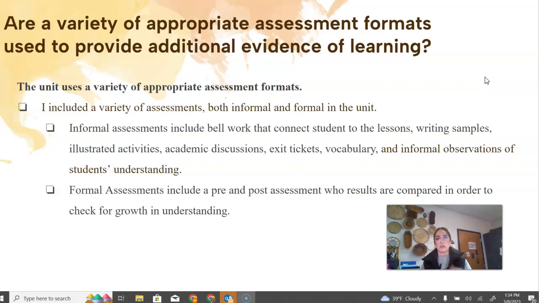But again, for every module we have a formal assessment, which includes a pre- and post-assessment, where the results are compared to each other in order to check for growth. The pre-assessment is taken before the students begin the unit, and the post-assessment is done at the very end. That way I can compare the two scores and make sure my students' growth of understanding is increasing.